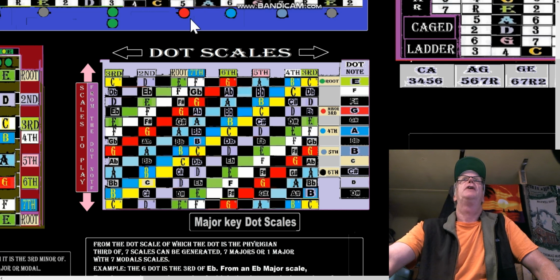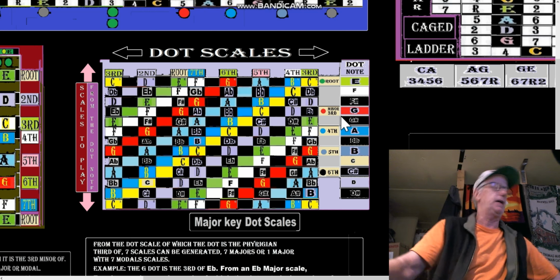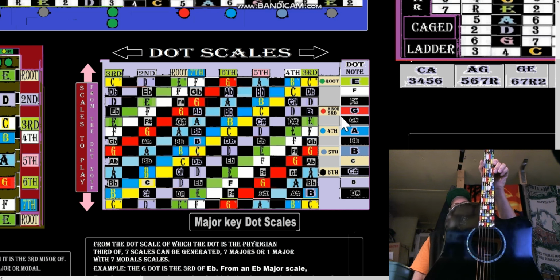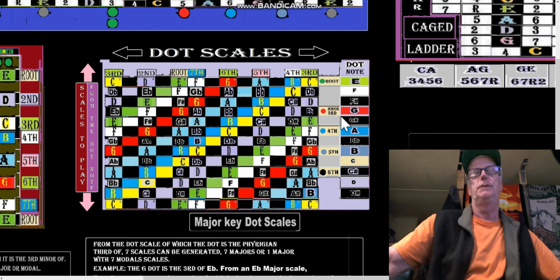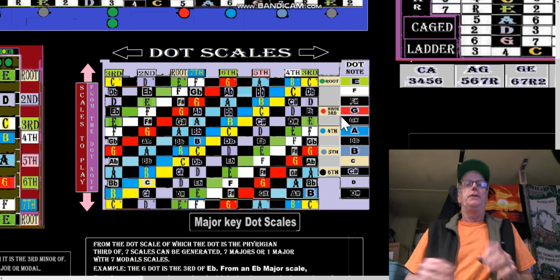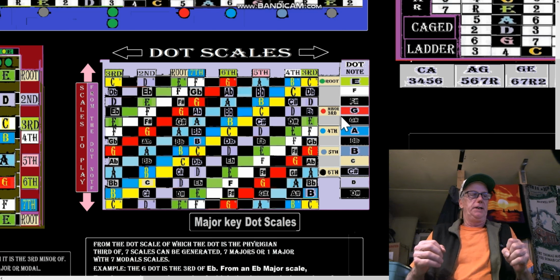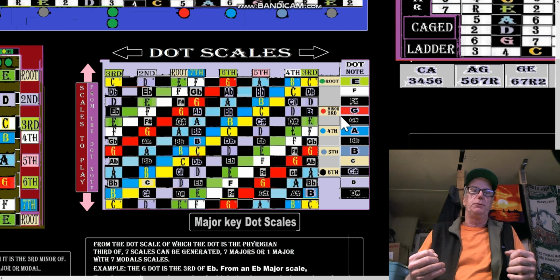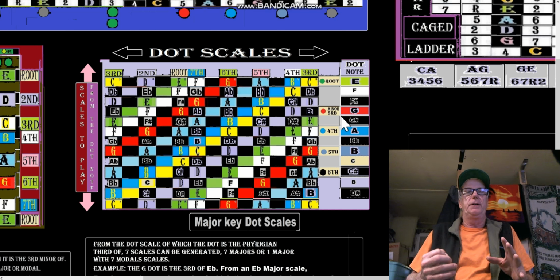Here's our G dot right here, but remember, it's not lined up like that. It's lined up as if you had the guitar like this. So the dot scale is kind of an abstract concept that you want to keep in your mind. What we're trying to do here is look at one note, one dot, and see all the possibilities.